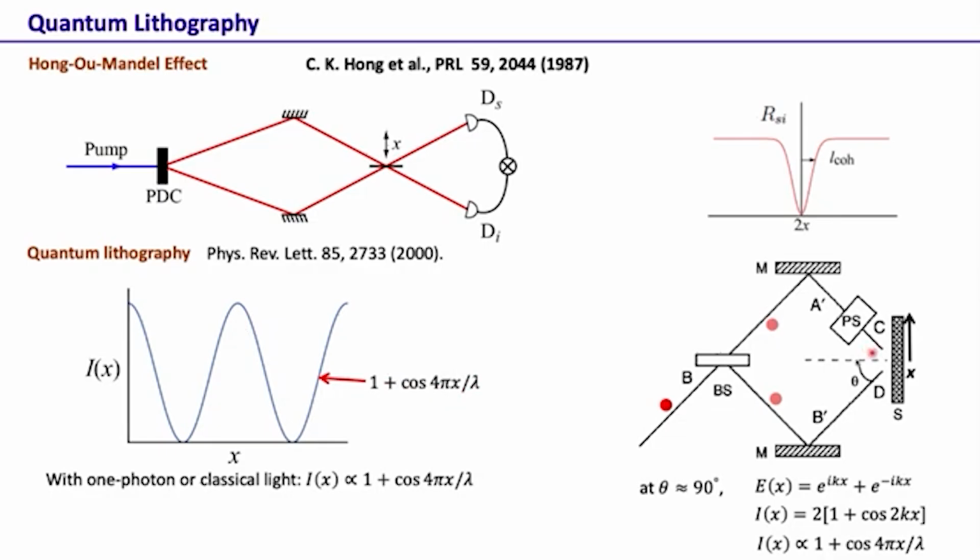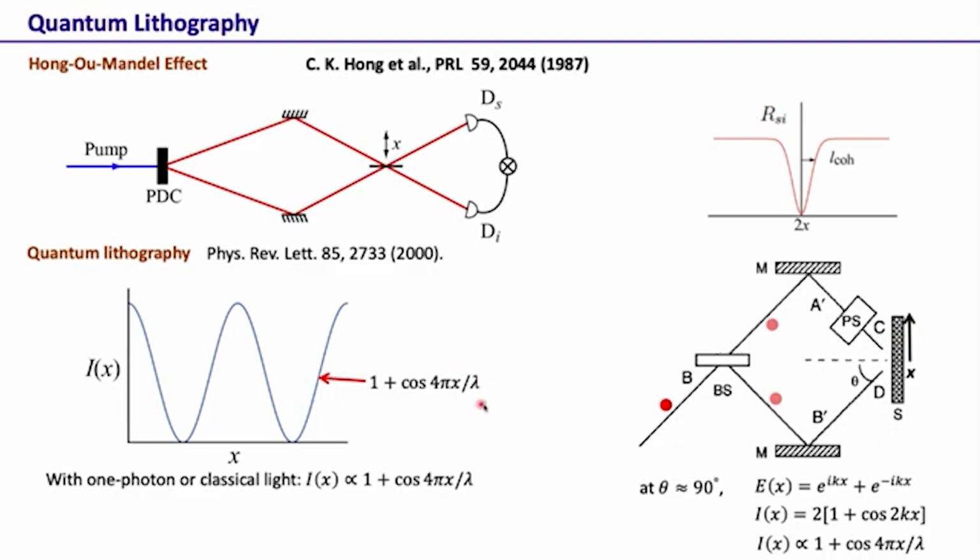So in lithography, of course, one exposes a substrate with this kind of intensity pattern, and whatever the intensity pattern is, that much of the material is burnt in that substrate, and when it is developed, one has this pattern on the substrate. So that is lithography, and this is the classical way of doing it.